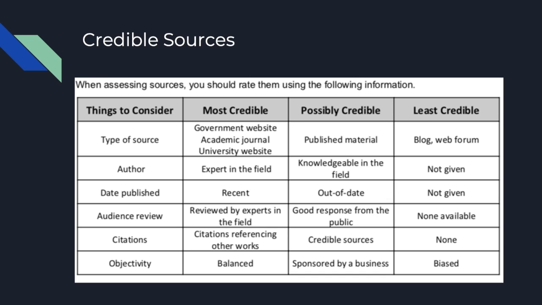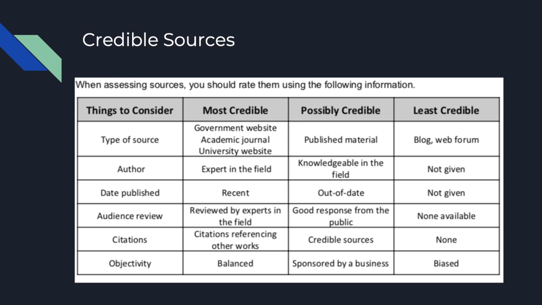And then least credible is when there's no author given. Or even sometimes, if you're getting it from a news site, make sure that the news reporter is going back and citing information from a more credible expert in the field and not just giving their opinions.